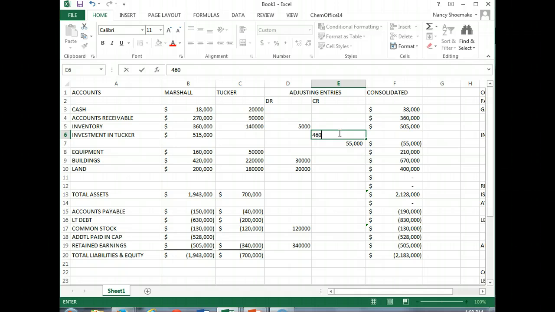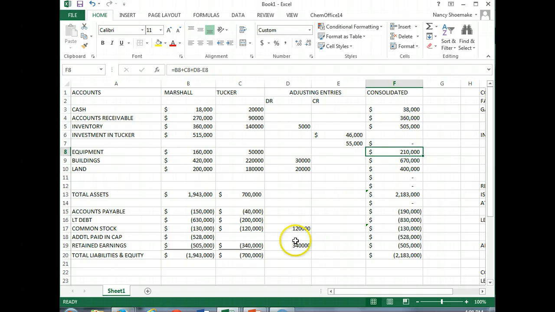If we wipe that out, look what happens here. Our new balance, we're getting rid of the investment section of Tucker. We also are removing the common stock from Tucker and the retained earnings from Tucker.